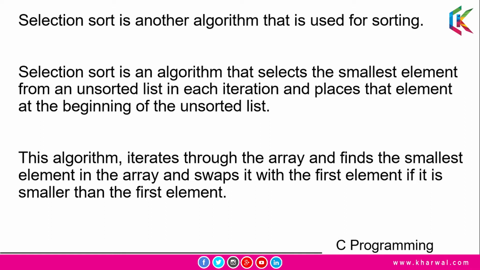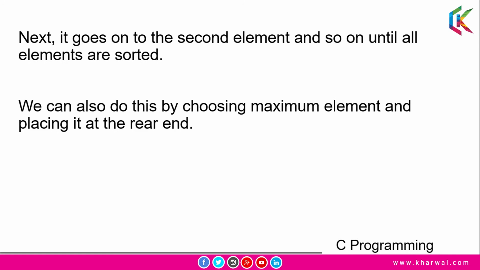This algorithm iterates through the array, finds the smallest element, and swaps it with the first element if it is smaller than the first element. Moving forward, it goes on to the second element and so on until all elements are sorted. We can also do this by choosing the maximum element and placing it at the rear end.